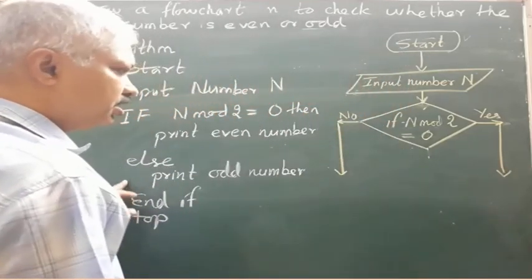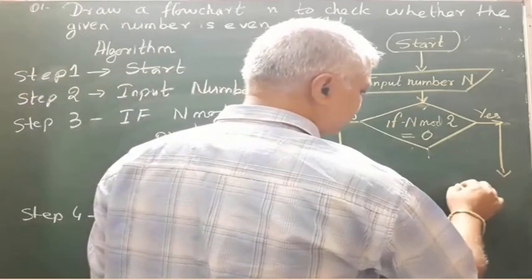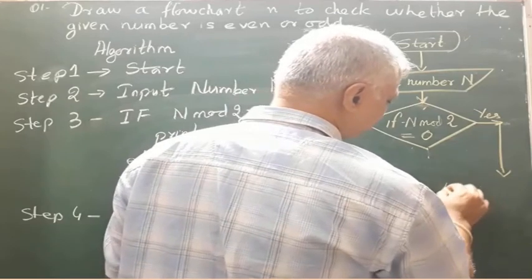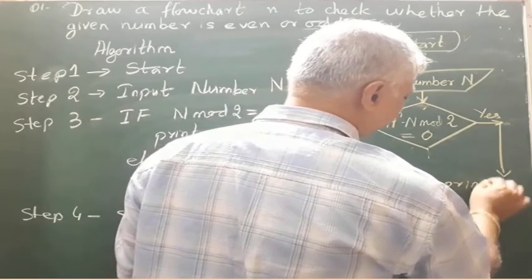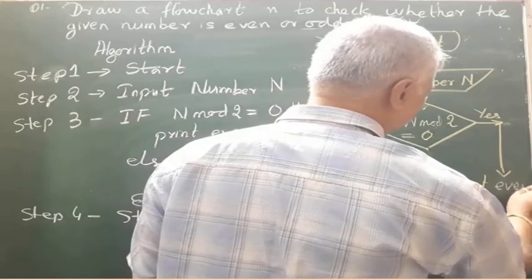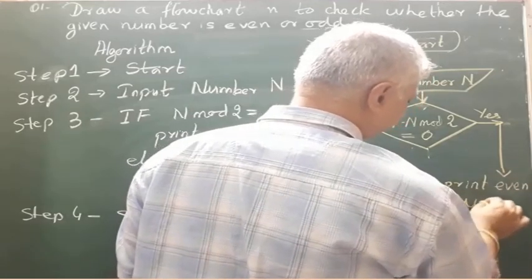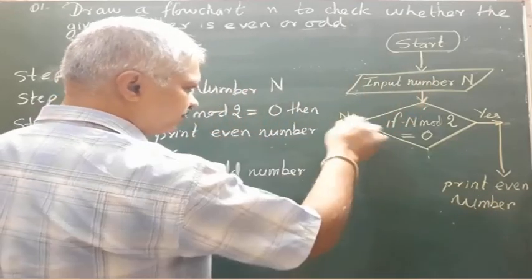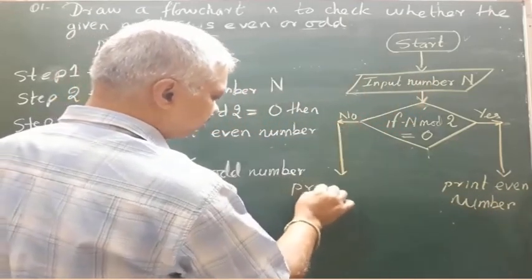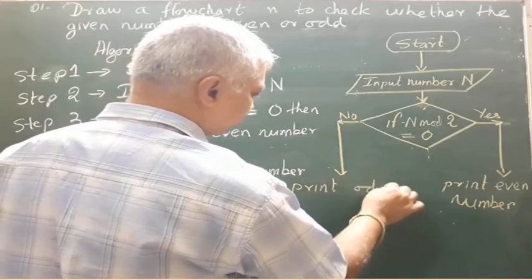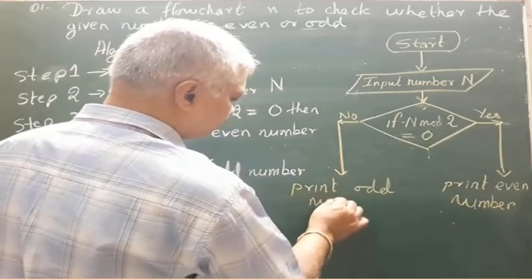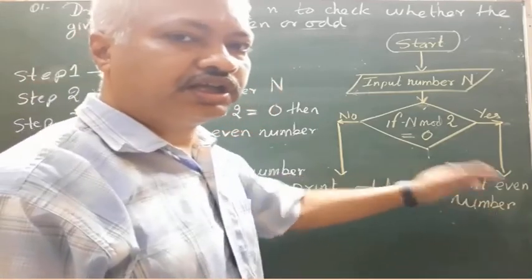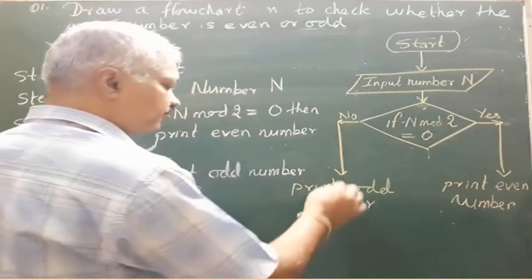So for yes, it said even number, so I can write simply even number, or to be more specific I can write print even number, and here for no, I write print odd number. Dear students, first write the statement, then draw the particular figure.